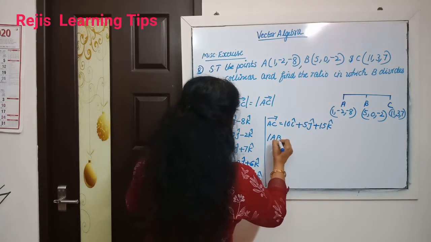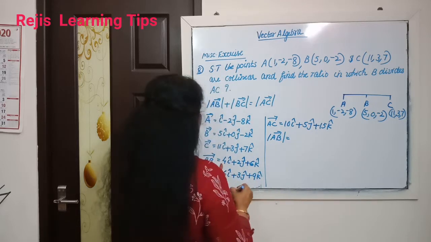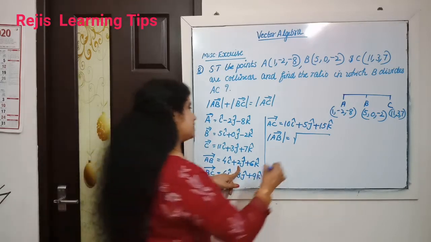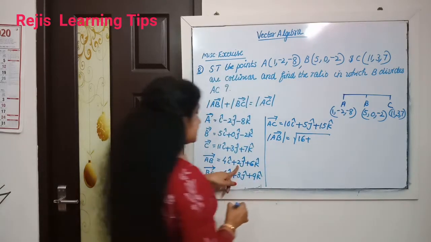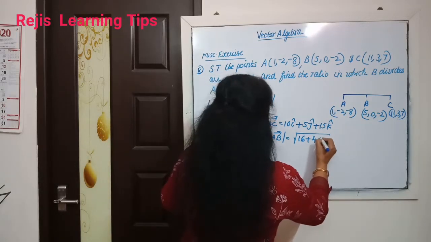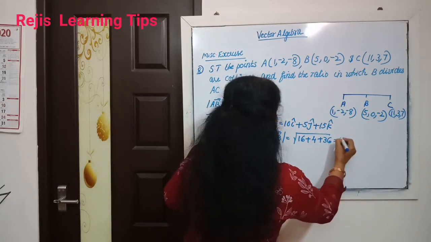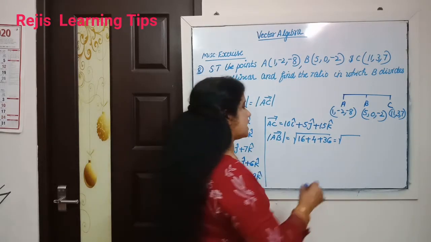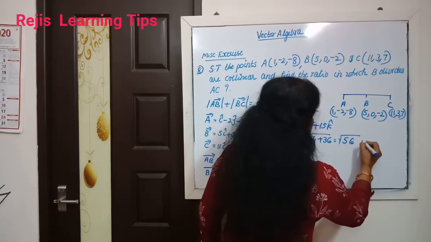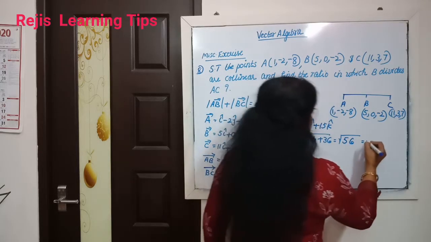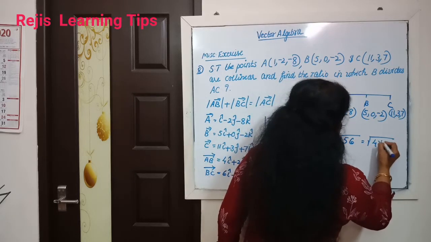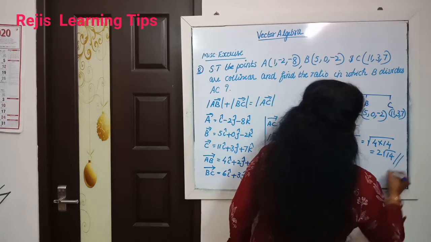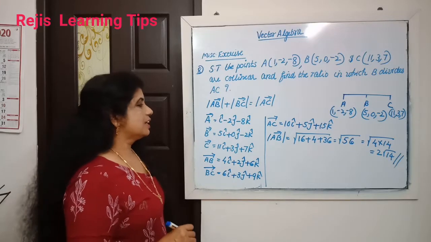Magnitude of vector AB is equal to root of 4 square that is 16, plus 2 square that is 4, plus 6 square that is 36, which is root of 16 plus 4 is 20, 20 plus 36 is 56. 56 is 14 into 4, that is equal to 2 root 14. Am I correct? Yeah.